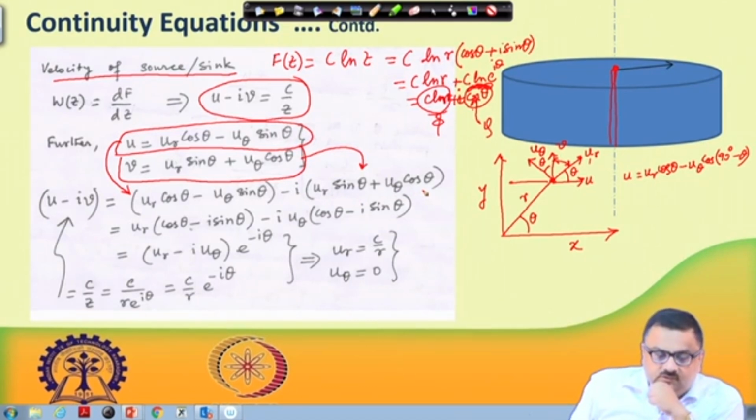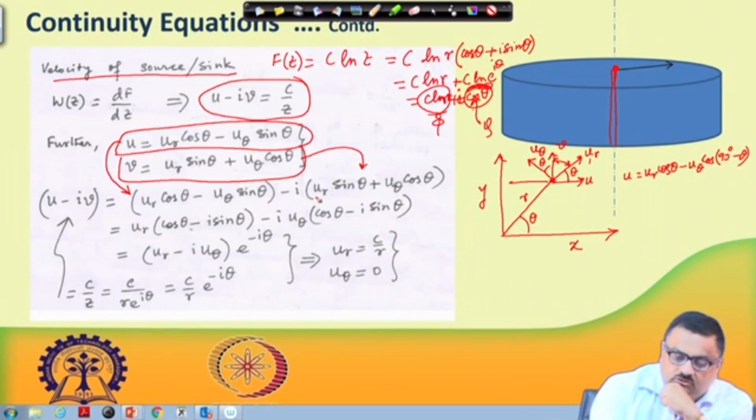So, once you have this expression in place, then you can take u_r common. So, one u_r cos theta is there and minus i u_r sin theta is there. So, take u_r common. So, it becomes cos theta minus i sin theta and minus i u_theta.